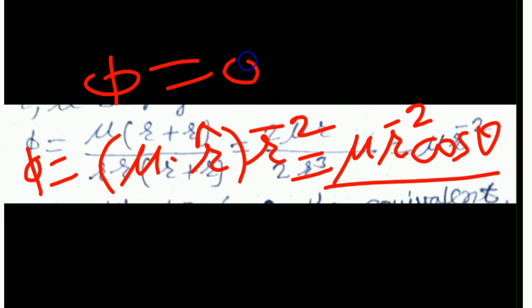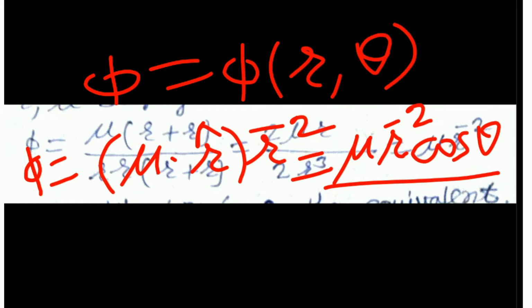Other equivalent forms for phi are phi is equal to mu into r cap into r to the power minus 2, and this can be written as mu r to the power minus 2 into cos theta, and this shows that phi is equal to phi of r theta, so that the axis of doublet is an axis of symmetry.